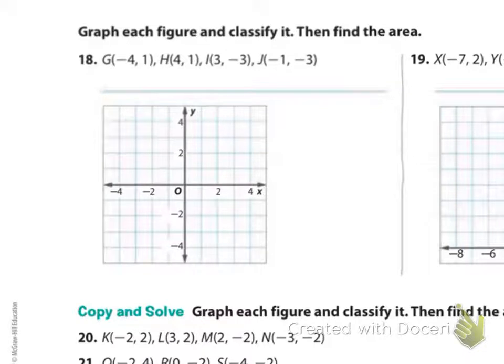We're going to work through question number 18 from homework, where you were told to graph each figure by plotting the points. Then classify it. Is it a triangle? Is it a rectangle? Whatever the shape is, then find the area.